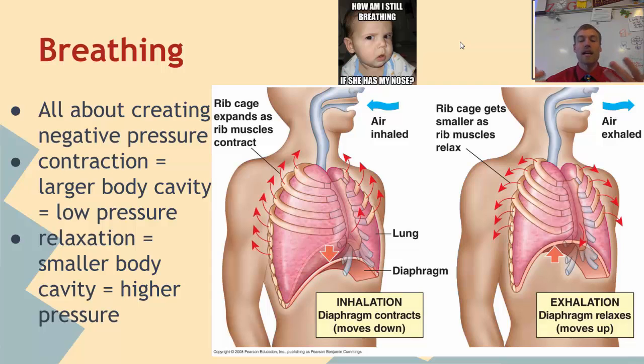Then, when you exhale, the diaphragm relaxes. This causes the body cavity to decrease. As the body cavity decreases in volume, that creates higher pressure, so it pushes the air out of your lungs. That is how breathing works. It's all about creating a negative pressure that pulls air in, and then when you breathe out, it sends it back out.